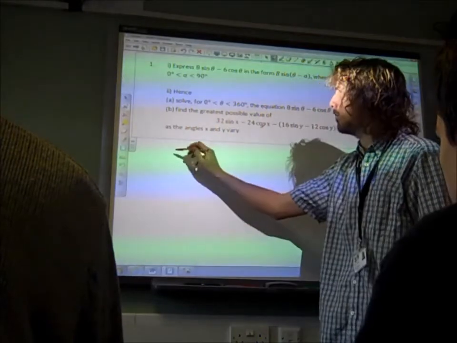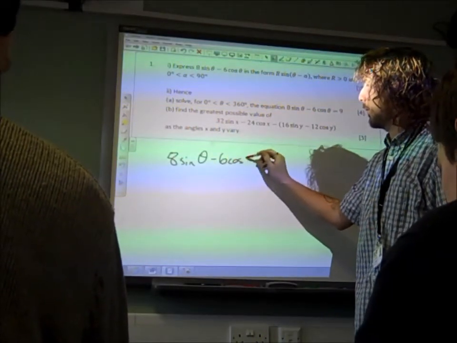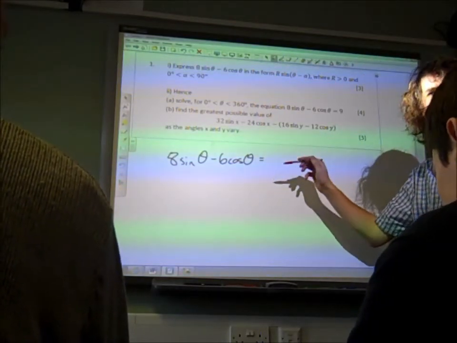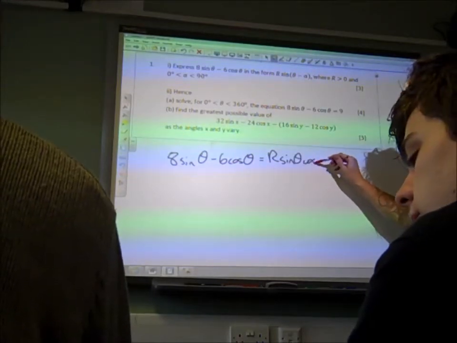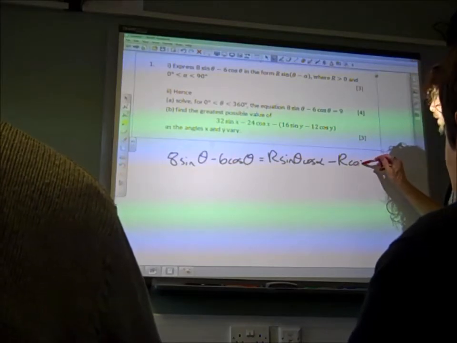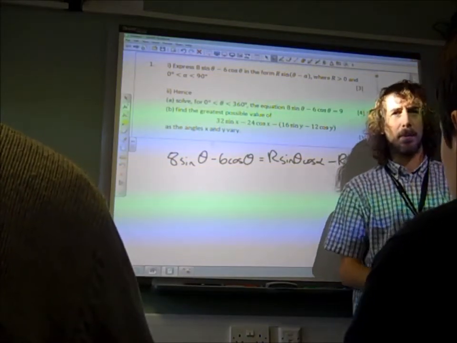So remember what we do. We write this, and then we expand r sine theta minus alpha using the formula in the formula booklet. It becomes r sine theta cos alpha, and it's a minus, so minus r cos theta sine alpha. That's the sine a plus b.